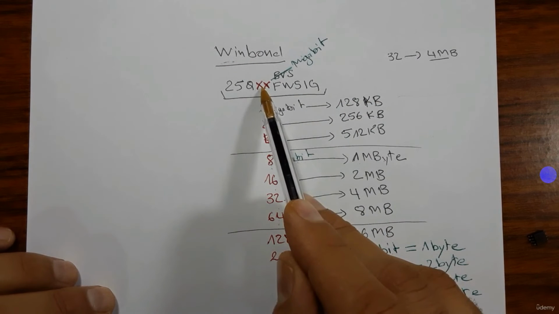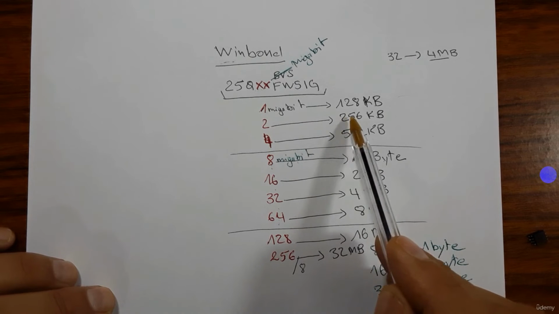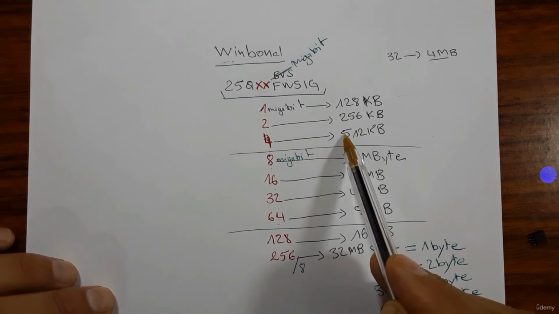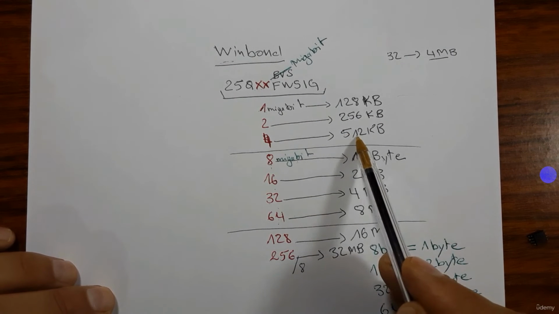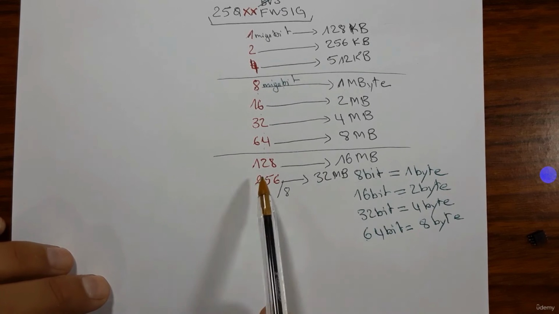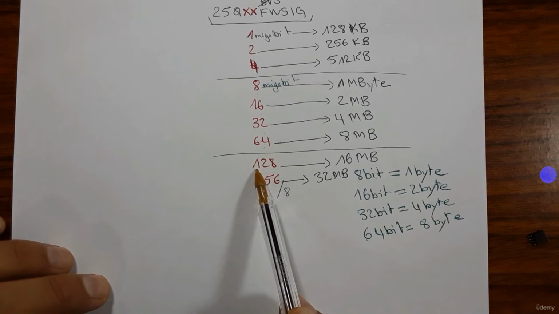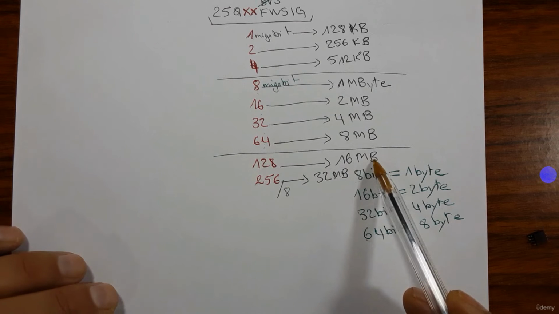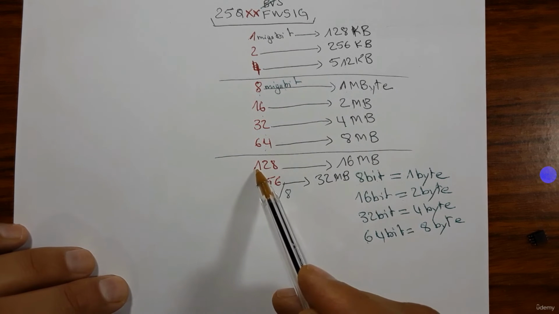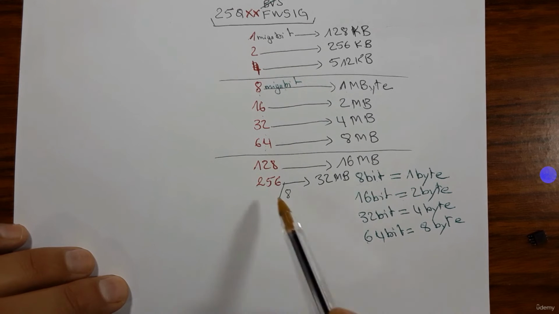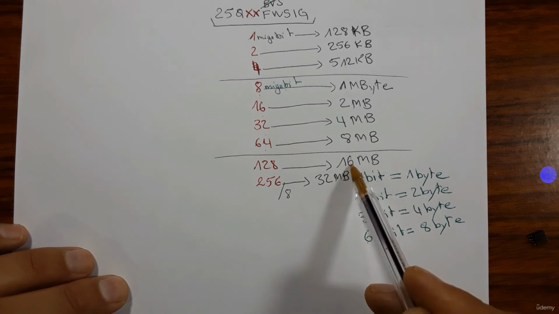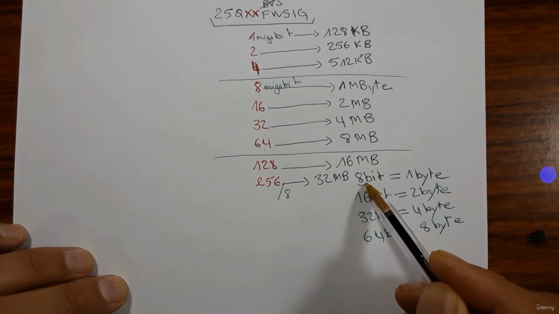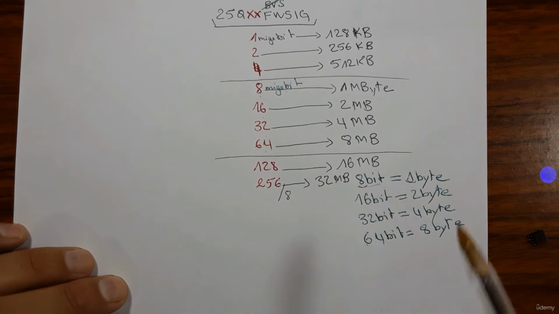If you find 2 here, means 256 kilobytes. If you find 4, means 512 kilobytes. Okay, here also if you find 128 means 16 megabyte. Why? Because if you divide 128 by 8, you will find 16. Because 8 bit equal 1 byte.